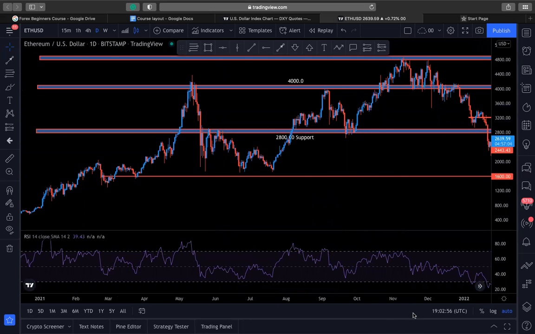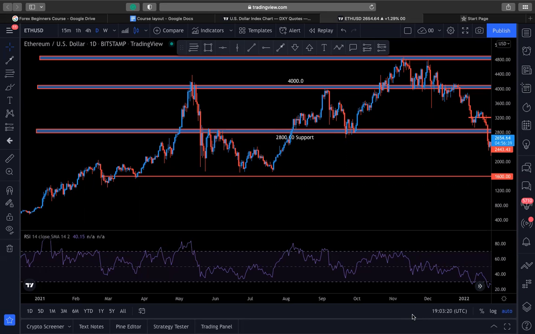So with that, that is going to conclude this video going over indicators, or more specifically the RSI, relative strength indicator, and how we use this indicator to better assist us in our trading, or how we can use it to give us a little helpful tidbit. Like I said in the beginning, I'm not really big on indicators.